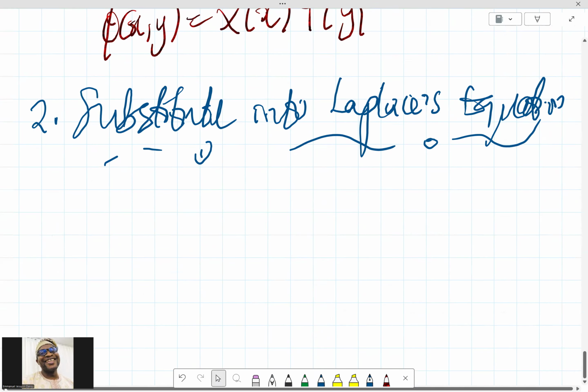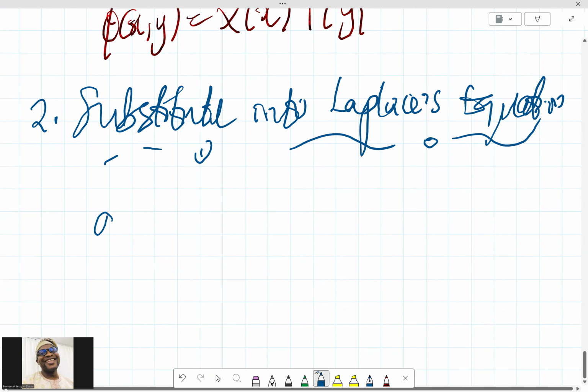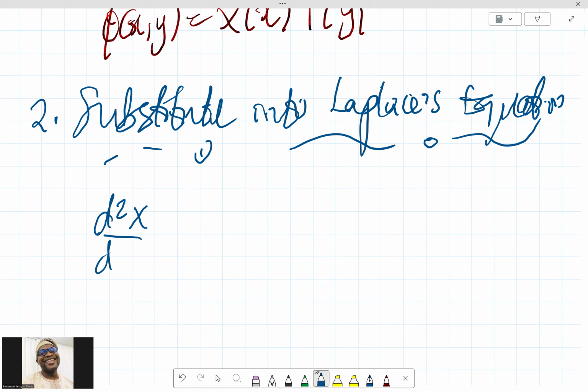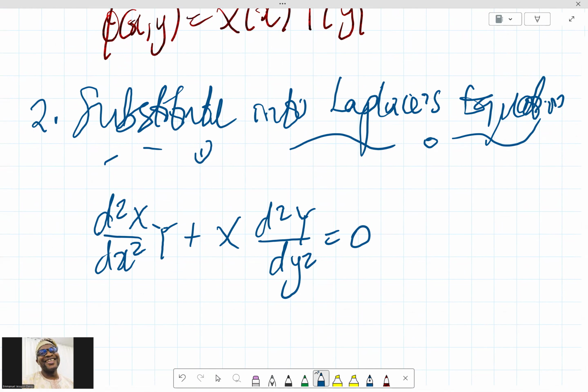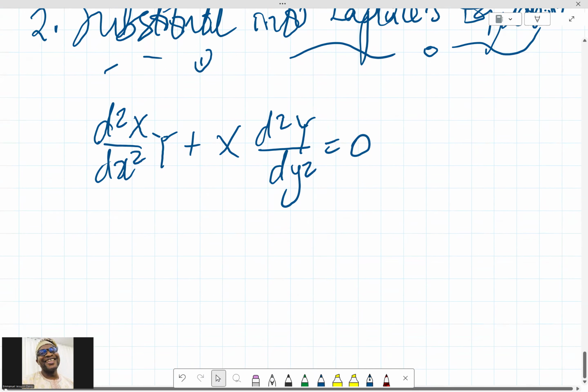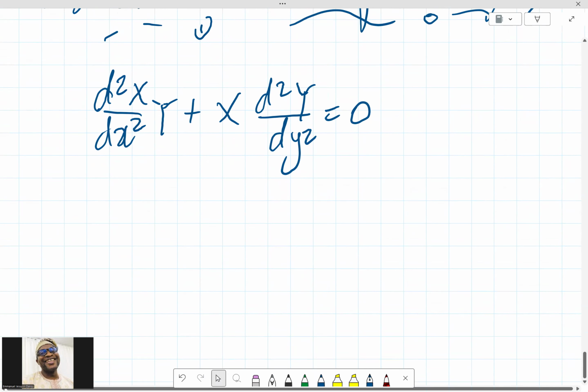Substitute into Laplace equation. And what happens in that case is we have d squared X dx squared multiplied by Y plus X d squared Y dy squared, that is equal to 0.